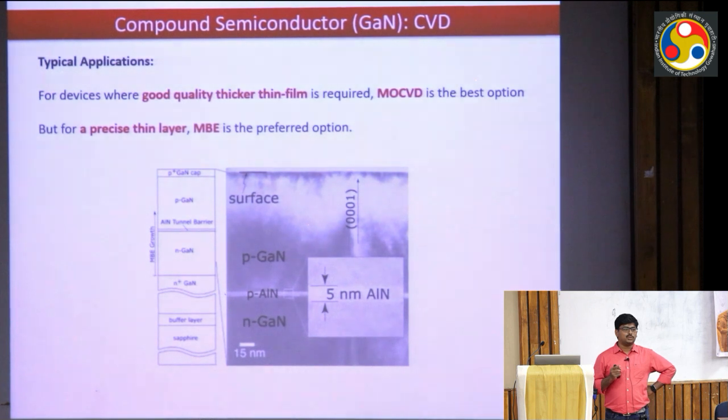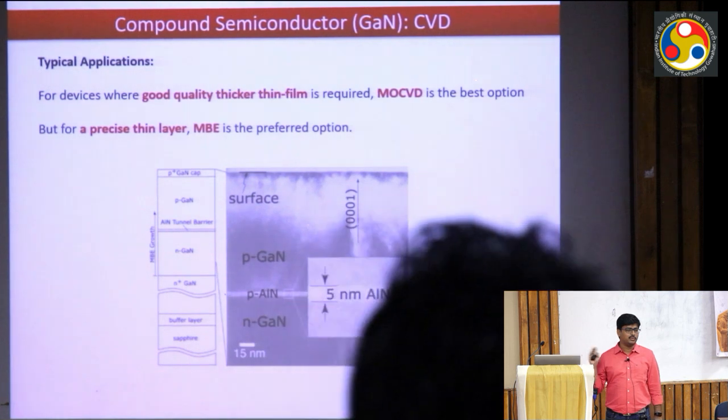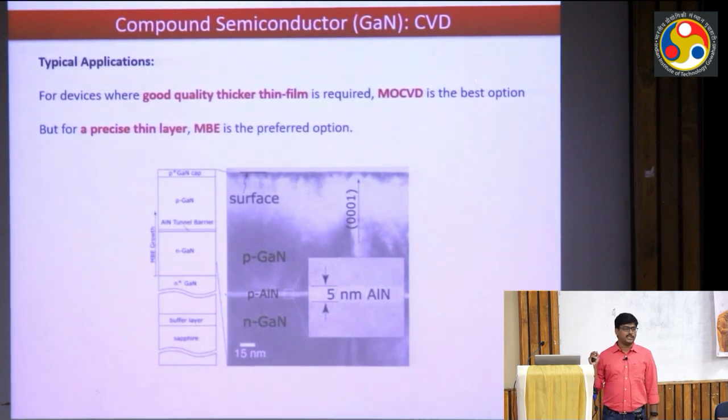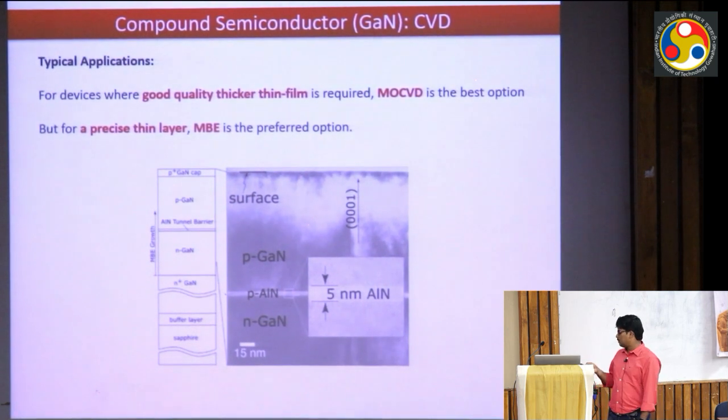For this kind of compound semiconductor, when we are growing the thicker layer, we use epitaxy, but when we are depositing the thin layer, we use MBE, because using MBE, a PVD technique, we can control the thickness at the order of a few nanometers, which we cannot do in case of epitaxy. So on your substrate, grow the thick layer using epitaxy, and the top thin layer where your electrons will flow, that is the active part of the device, grow using MBE. This is the best way to get good high performance devices.